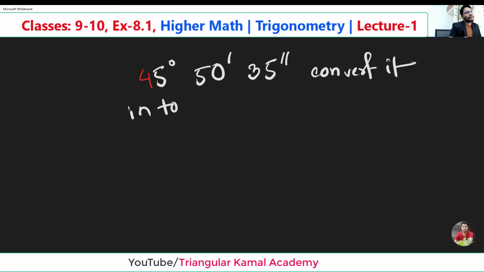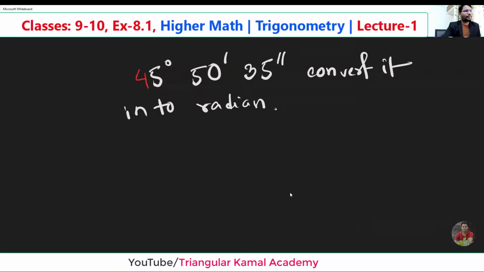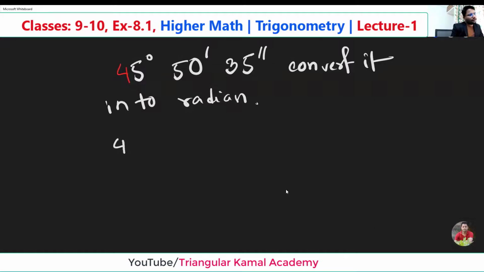This angle is given in degrees, so now convert it into radian. What will be the result here? Okay, first step, first write here 45 degrees, separating the smaller units: 50 minutes plus 35 seconds.